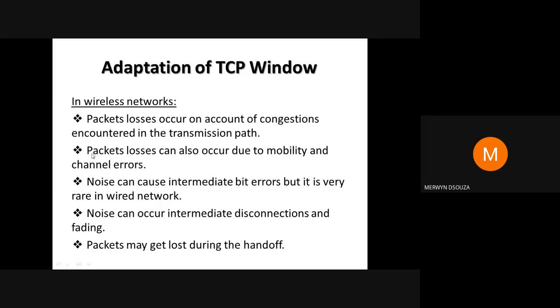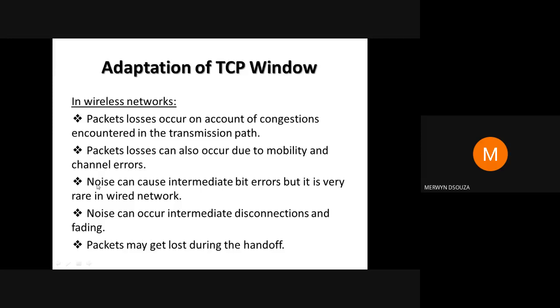Your fixed computer cannot move out of range, it cannot walk by itself, whereas your mobile can move. So due to that also packets could get lost. You may move out of range, and your tower may not be able to connect to your mobile and transmit the data.